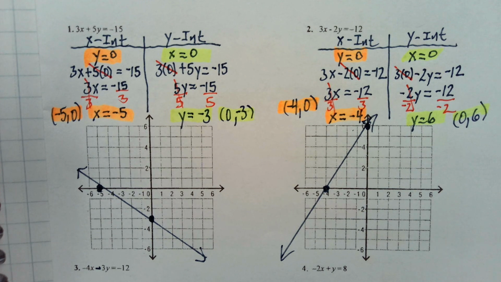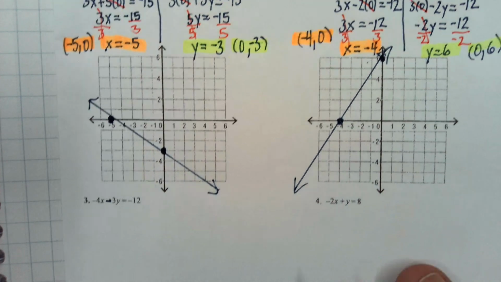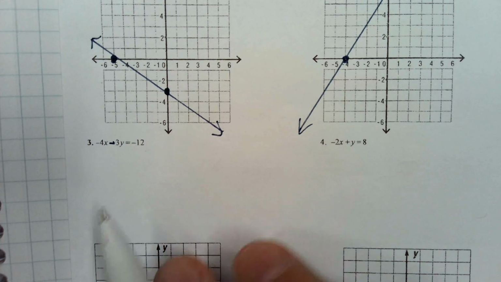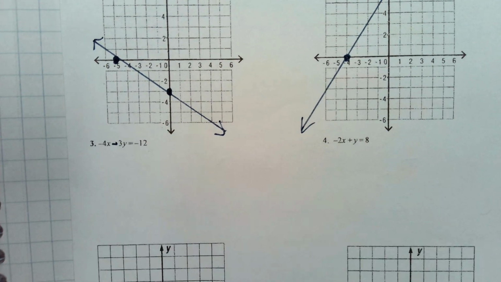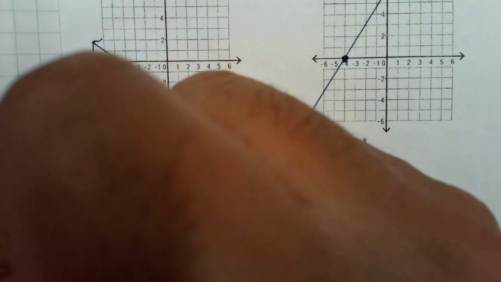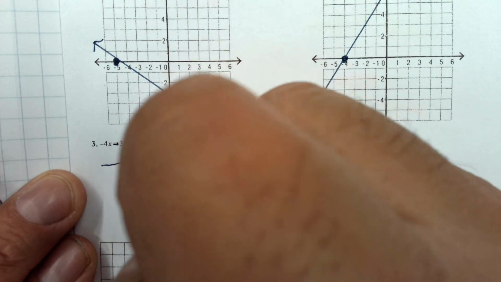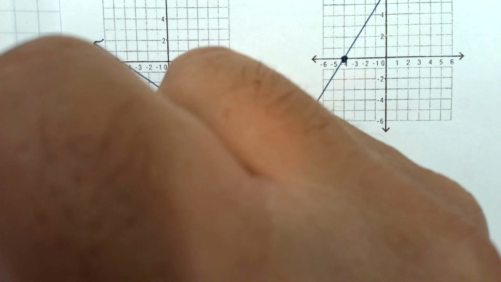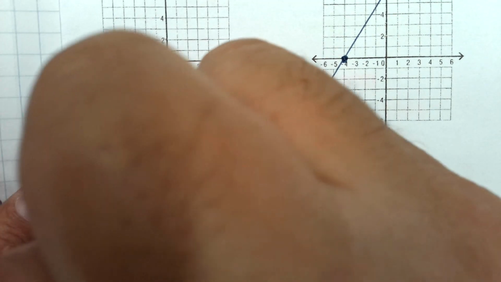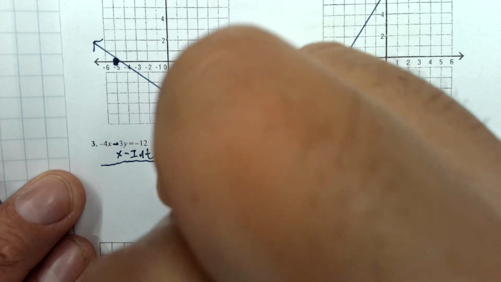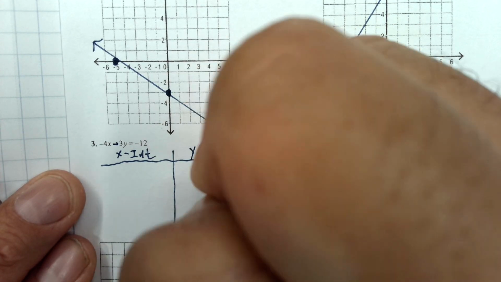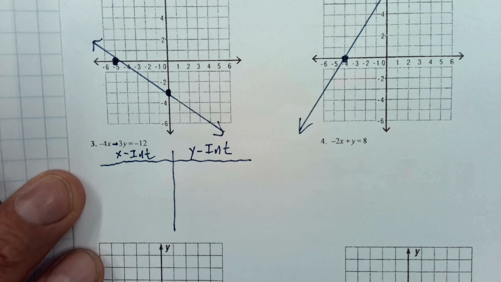Okay, you guys ready? Let's do this next one. Negative 4x minus 3y equals negative 12. So we'll go a little faster because I think we're getting to understand the process here. X-intercept, Y-intercept. Okay.